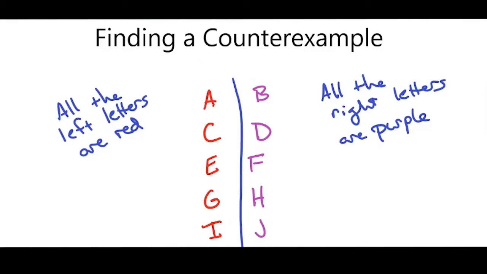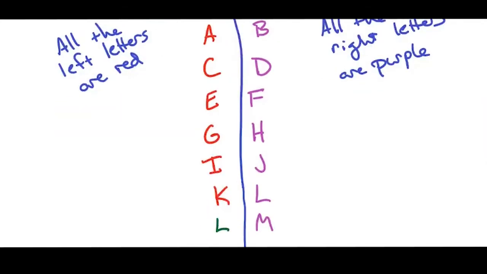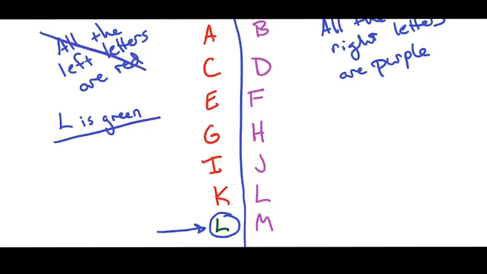But if I scroll down, I see that right here, the letter L is green. So my counterexample is that L is green, because that shows that my reasoning is false. So this is no longer true because L is green.